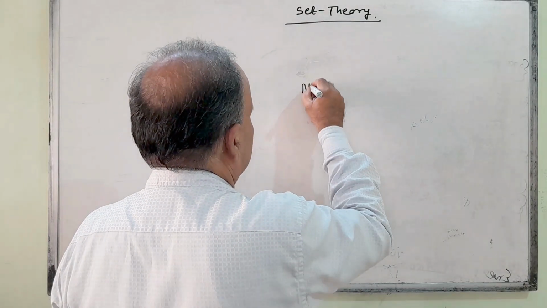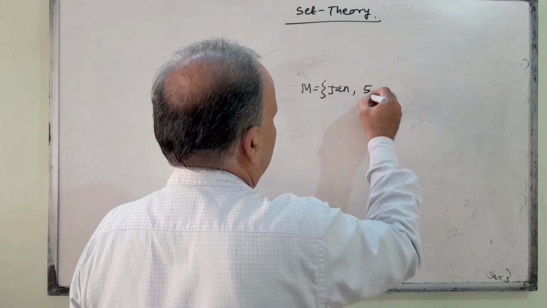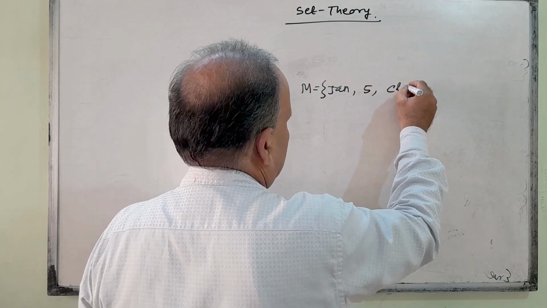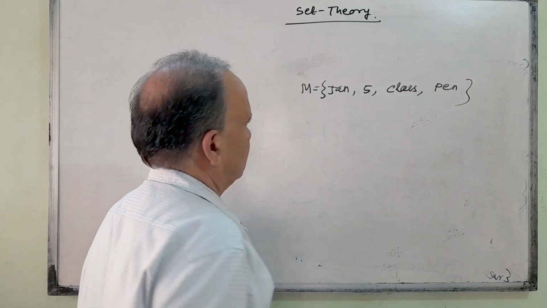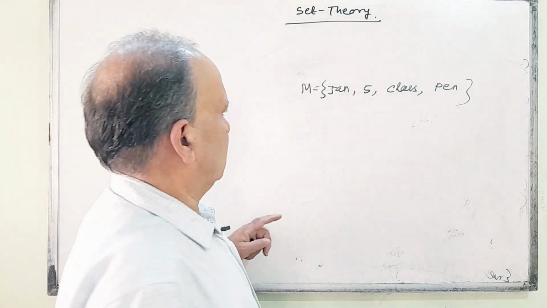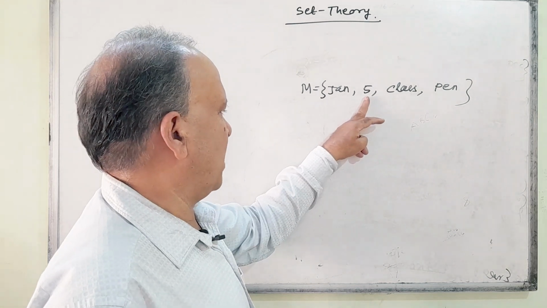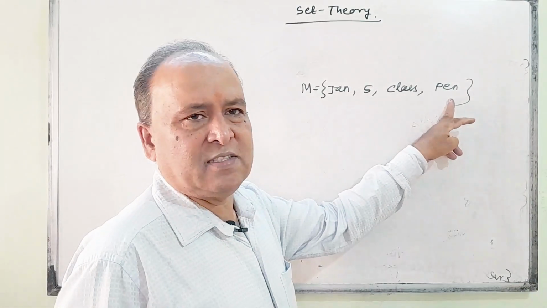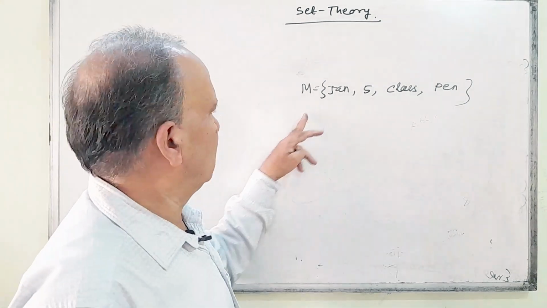Suppose M is a set: January, 5, class, pen. How can you write it? January is a month, 5 is a number, class is a collection and pen is an instrument.